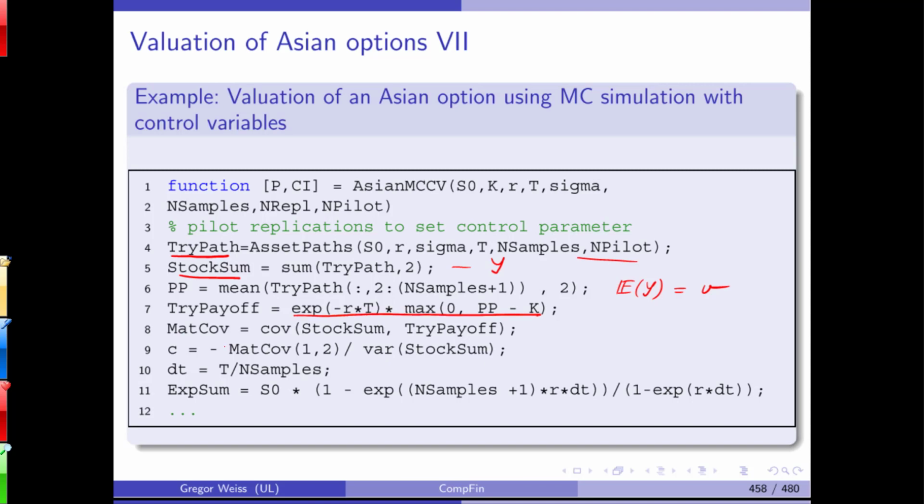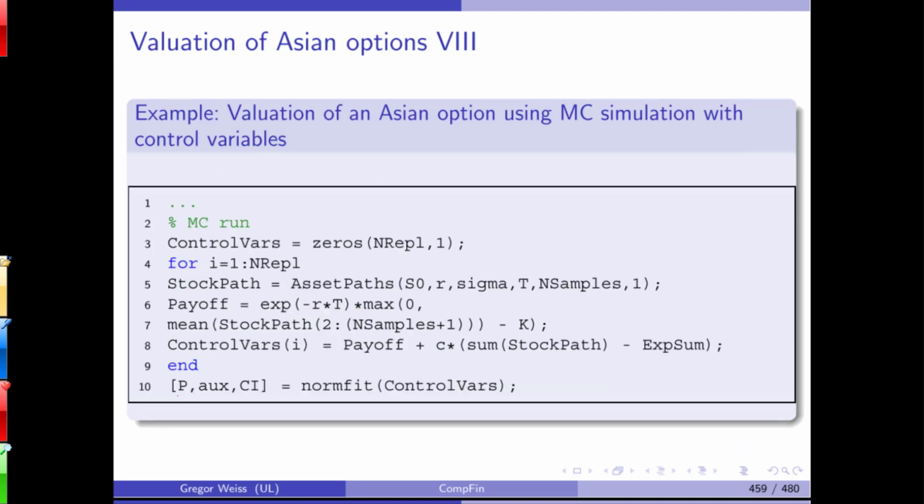We calculate the covariance and then the correlation. And then we continue in the same manner as before. dt, expected sum, and so on, and so on. And we do the following. In the end, we do a simple Monte Carlo simulation, but instead of now taking the average of these simulated paths, we do the following.